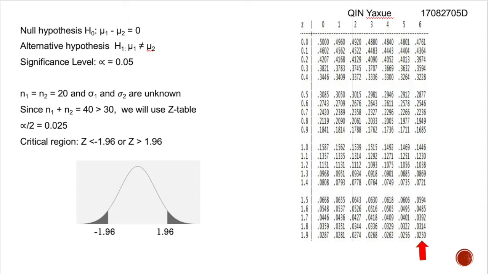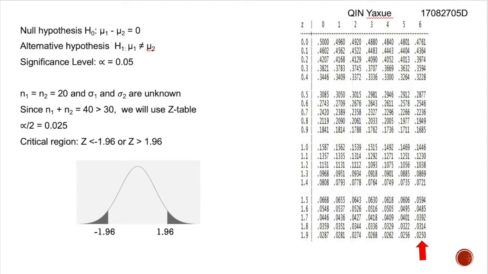The next step is to identify the hypotheses. The null hypothesis is mu1 minus mu2 is equal to 0, which means mu1 is equal to mu2. And the alternative hypothesis is mu1 minus mu2 is not equal to 0.